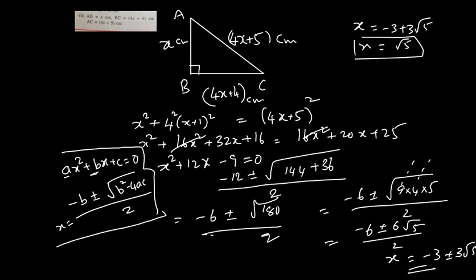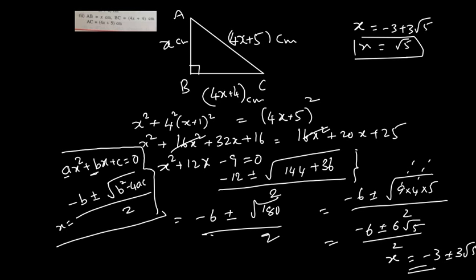No, no other method. If what we did is correct, that 12x is correct, then we'll have x squared plus 12x minus 9. So this is the only thing.